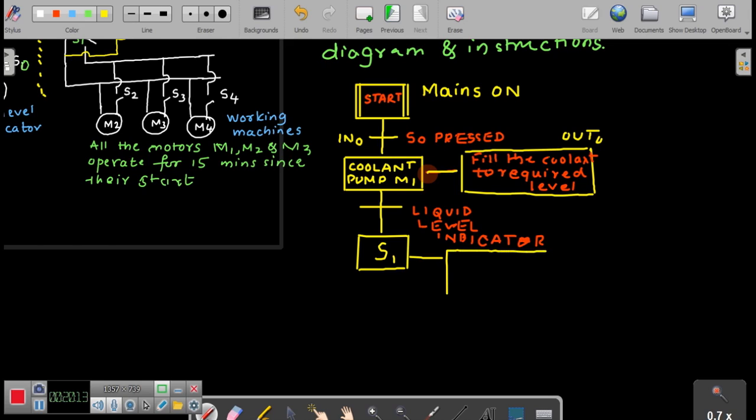I will see the glowing of the indicator here. It is the indicator which is going to glow.